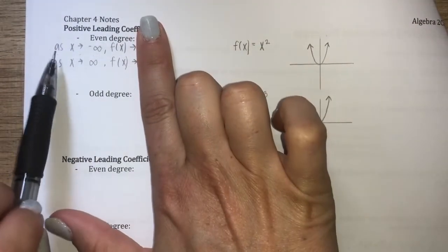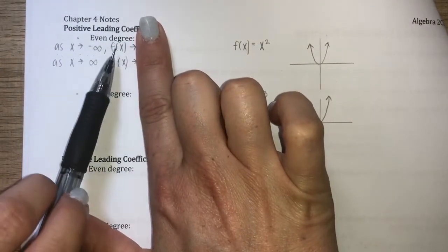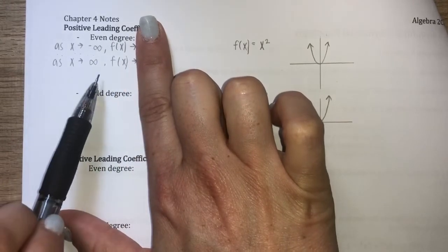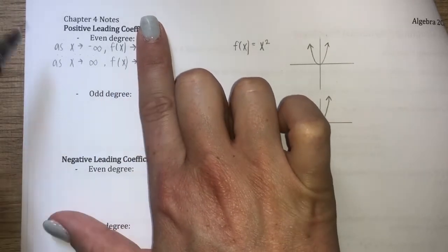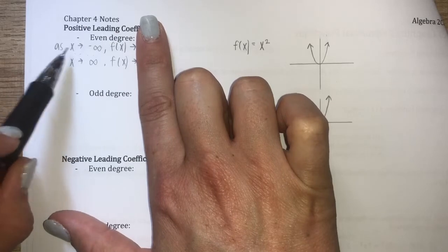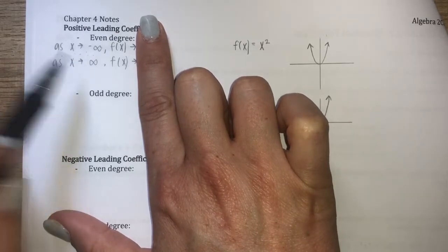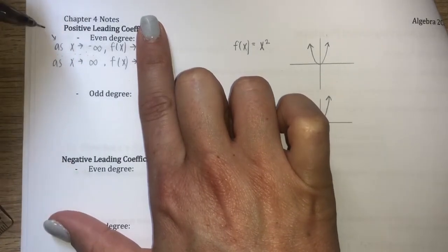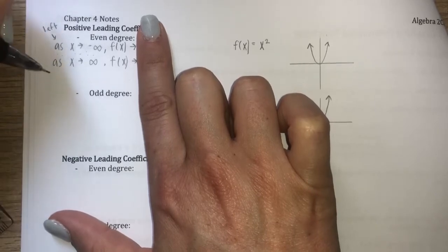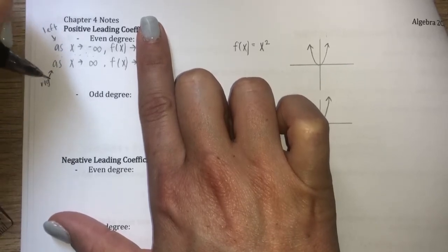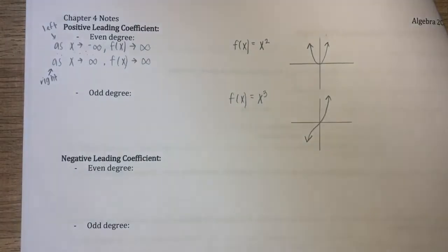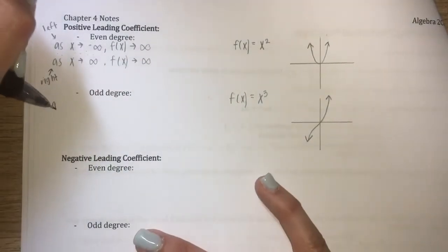So it's still going to be as x approaches negative infinity, f of x approaches, and then as x approaches infinity, f of x approaches. So basically this is as the graph moves to the left and as the graph moves to the right. Okay, so we'll just copy down those words.